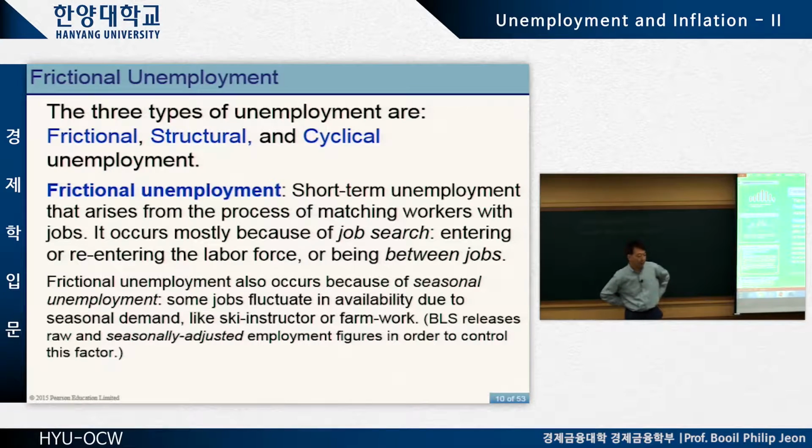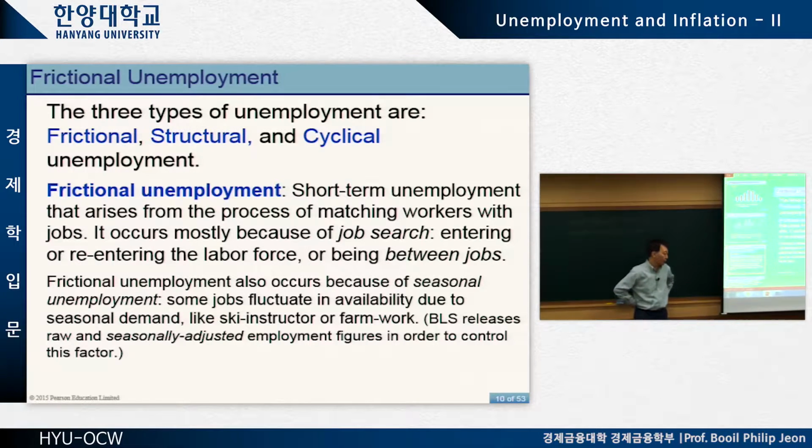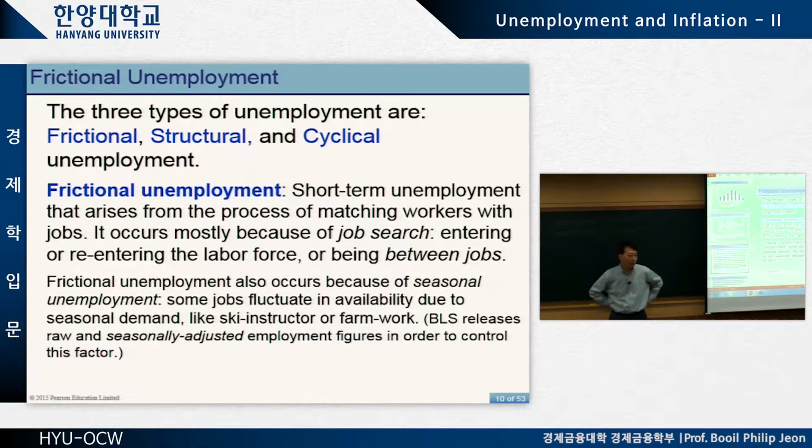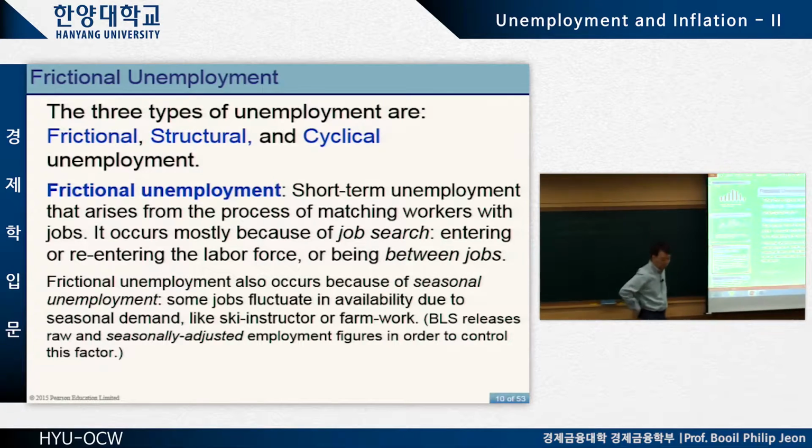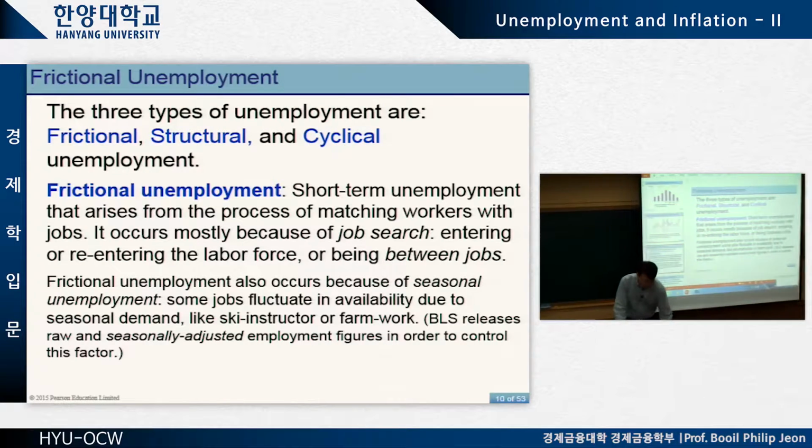That period is also frictional unemployment, the job search period. Or maybe you voluntarily quit your job because you don't like it and you're looking for a different job. That is also considered frictional unemployment.